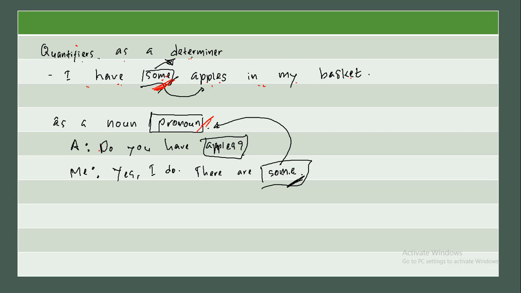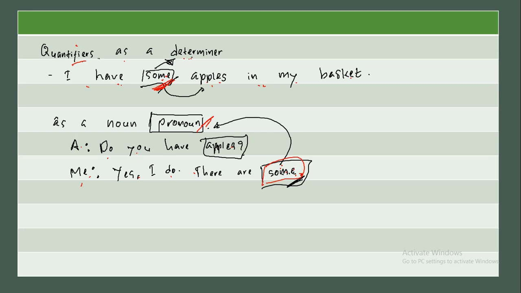For example, this is commonly used in conversation. Annie asked me, do you have apples? I could answer, yes I do. There are some. I do not need to say anymore. So this some is a quantifier, but the role of this some is not a determiner anymore.